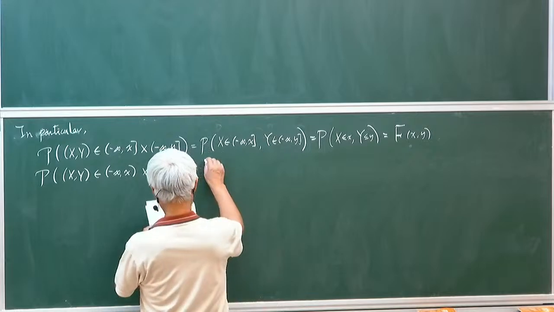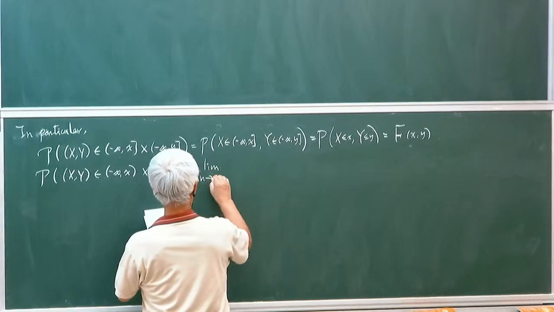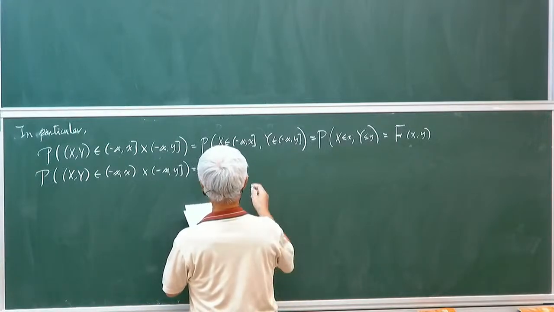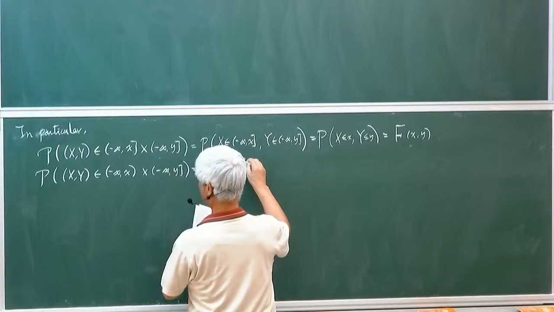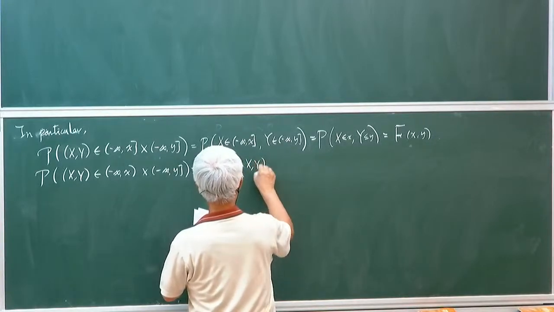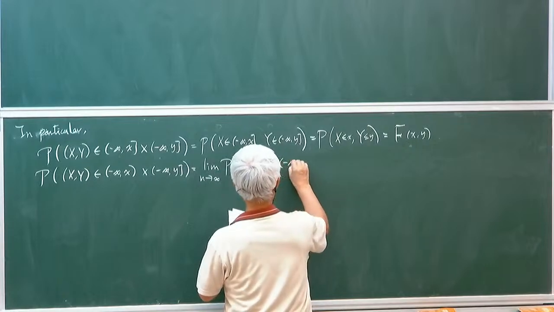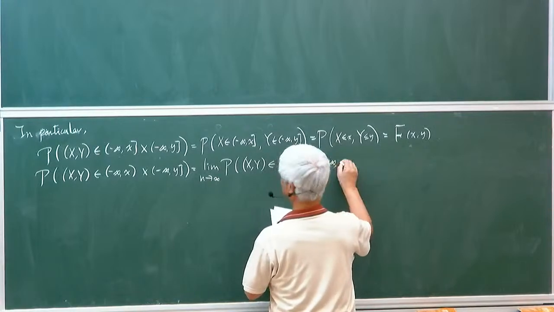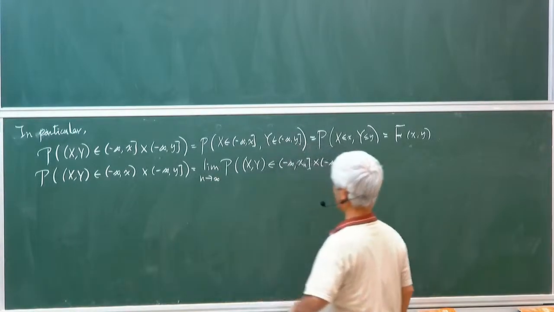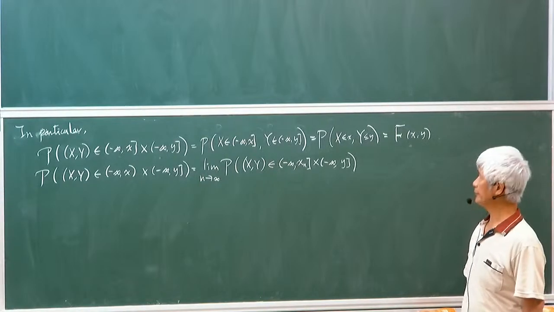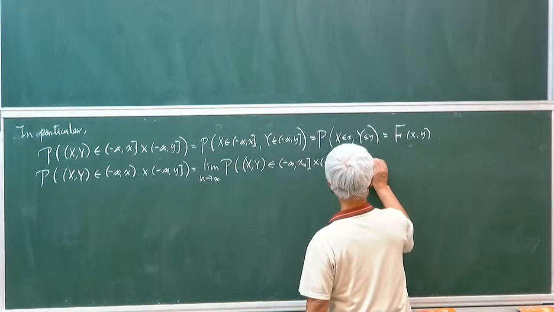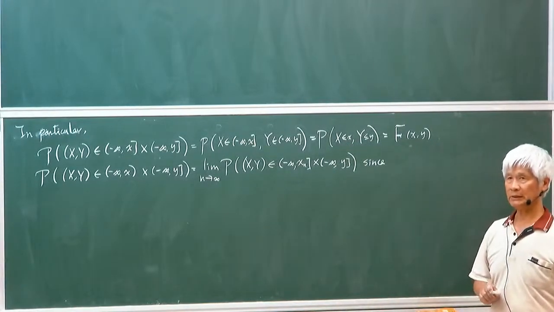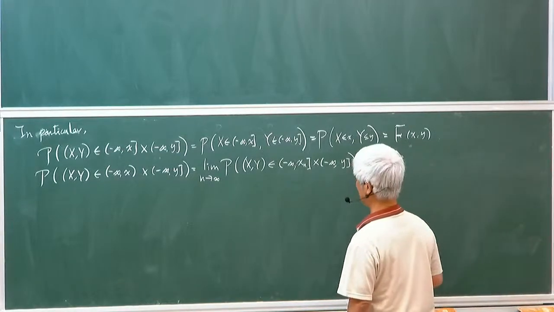This is actually the limit as n goes to infinity of the probability that (X, Y) is in the 2-cell with x_n, since we will use the continuity of the probability function.